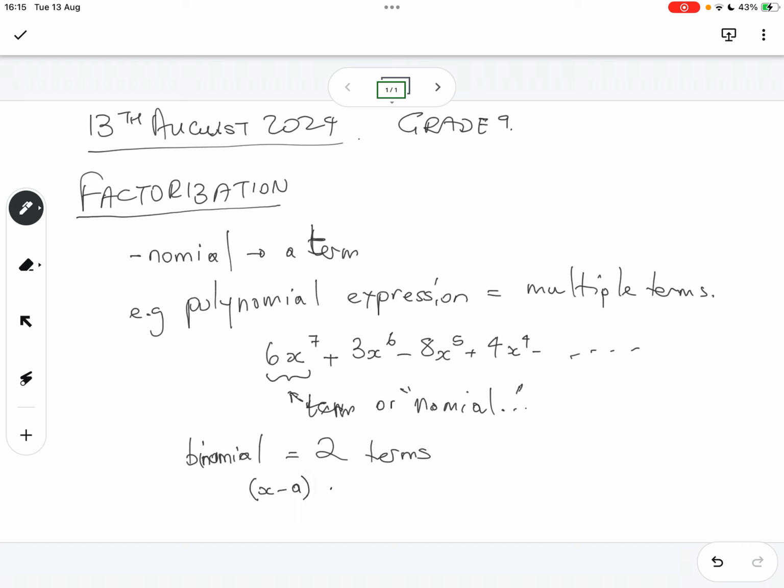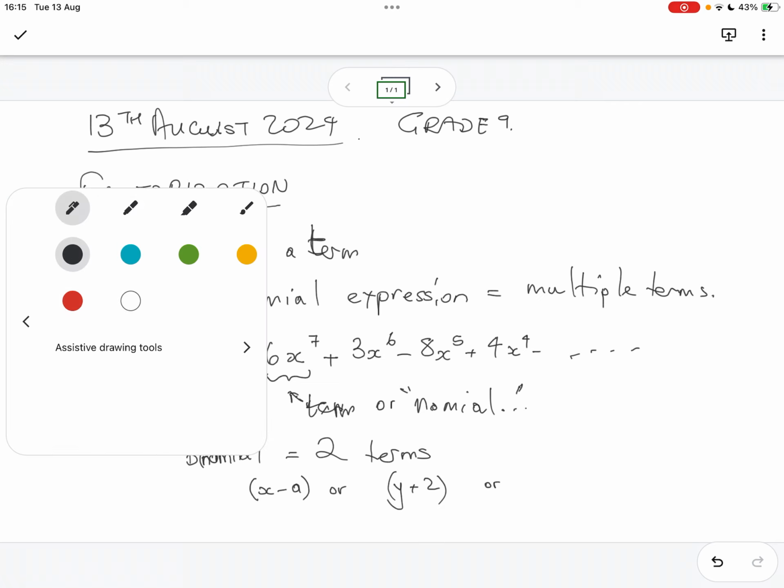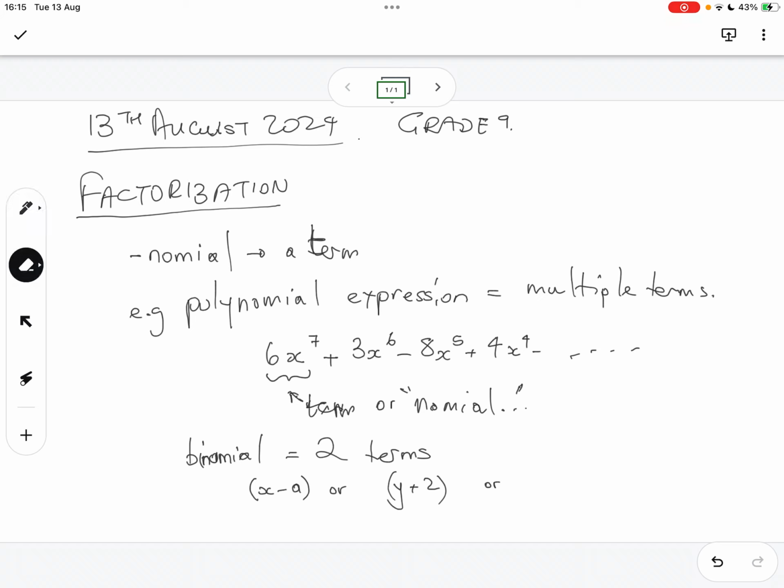So in this case, it will be x minus a, or x plus 2, or, using another letter, y plus 2. That would be the kind of polynomial expression that has two terms in it.